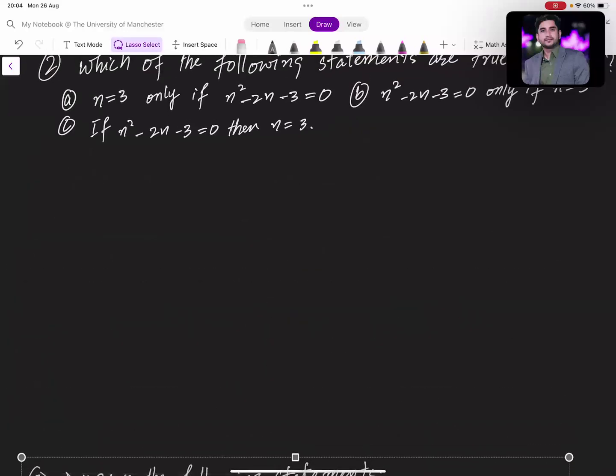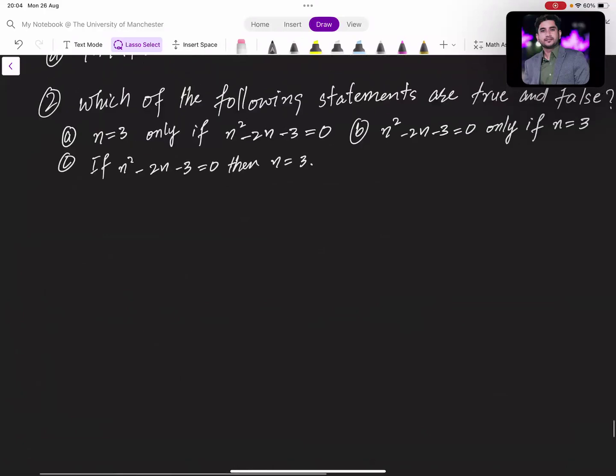Now, for statement A, n is 3 only if n squared minus 2n minus 3 is 0.